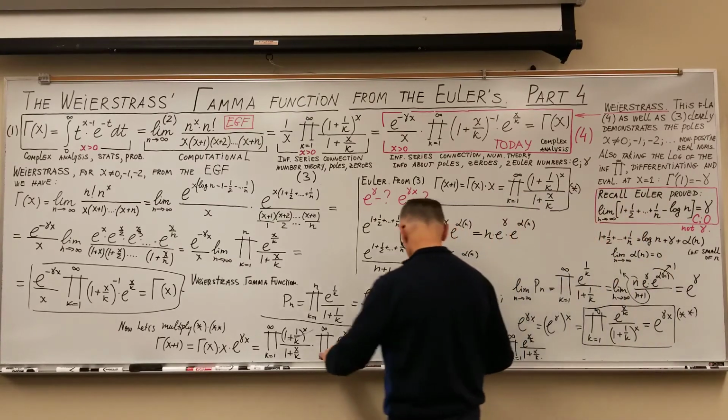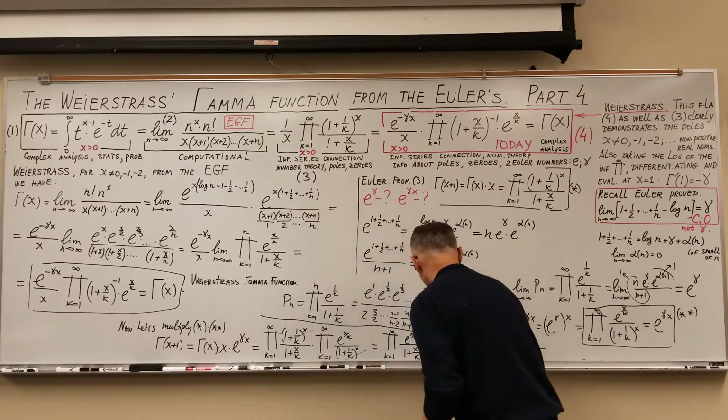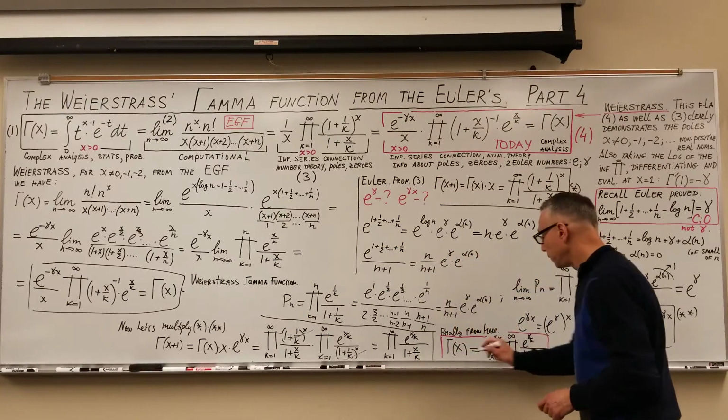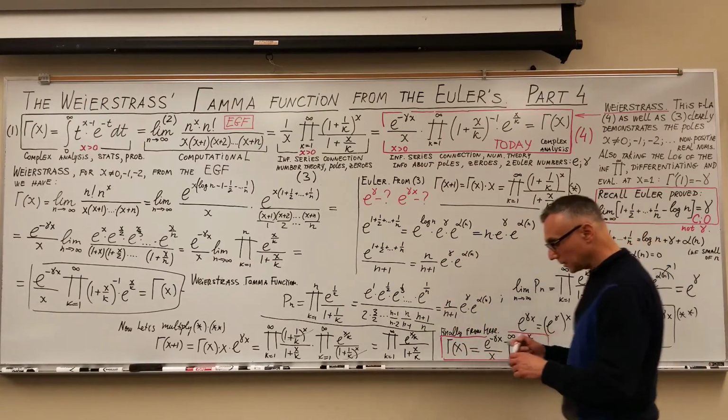That's the wonderful result. That is the Weierstrass formula of the gamma function.